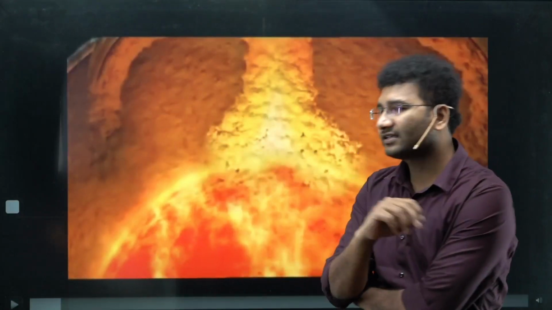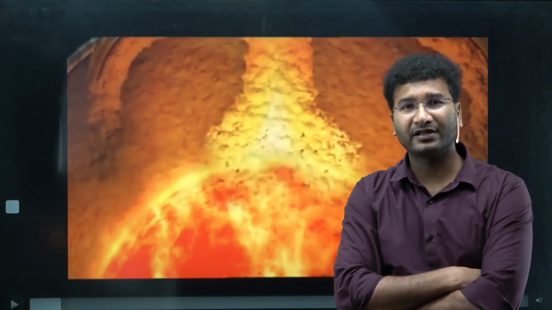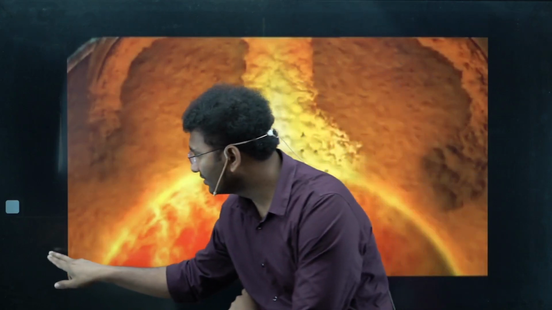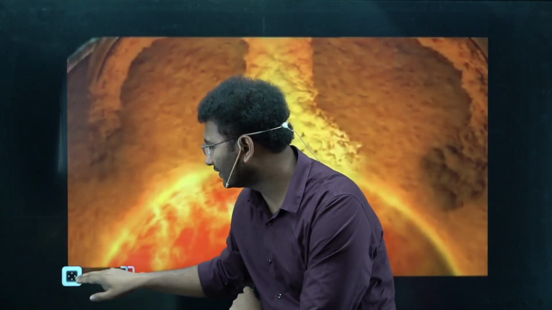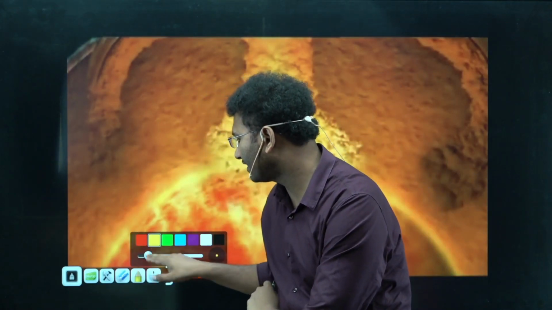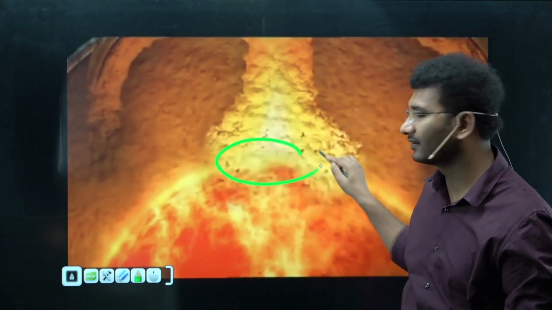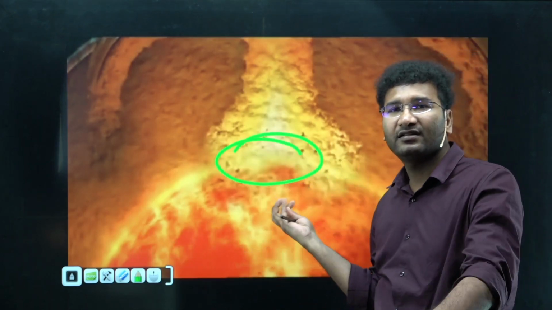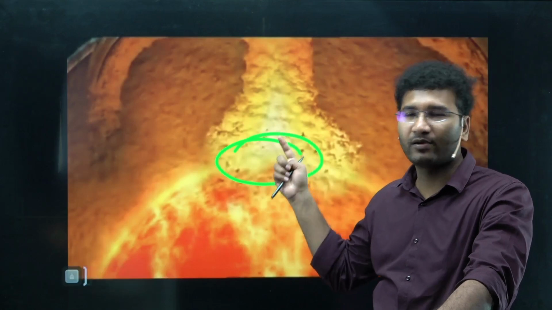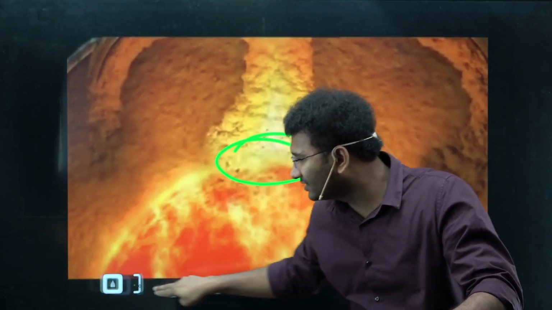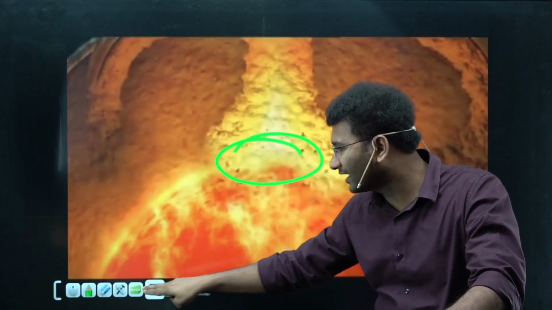Because within the interior of the earth, at some places the temperature is more. Let's imagine the temperature in the interior of the earth at this particular place is very high. It will start to melt the rocks above, and slowly as these rocks melt, they want to rise up.